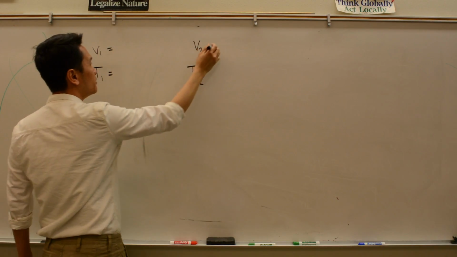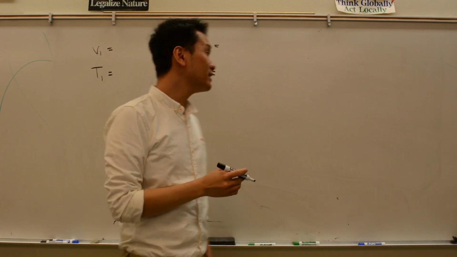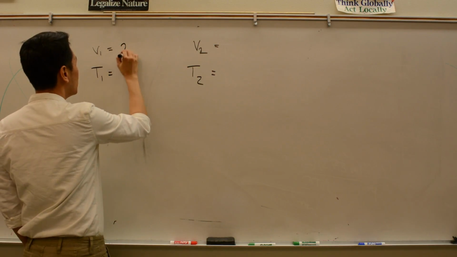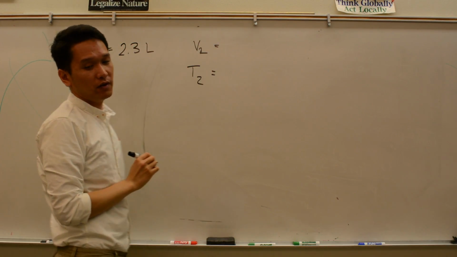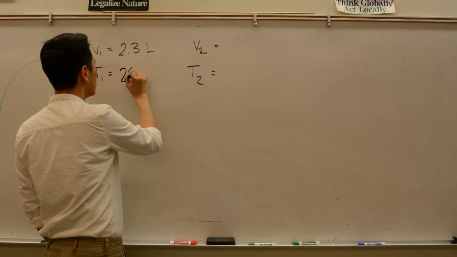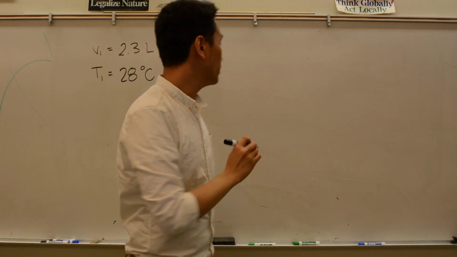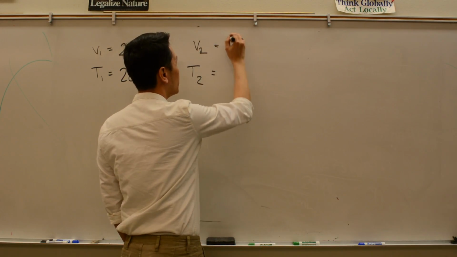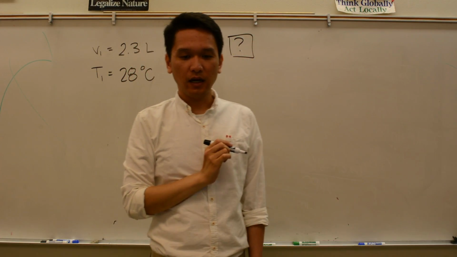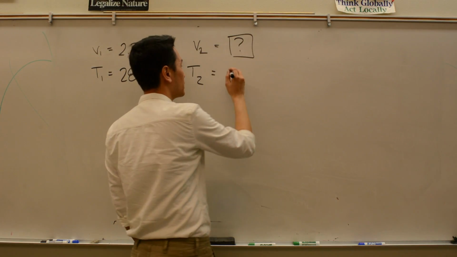Let's plug in the information that we do know. A balloon has a volume of 2.3 liters, so let's say that is its initial volume at 28 degrees Celsius. What will the new volume be? We don't know the volume of the balloon if the temperature is changed to 36 degrees.